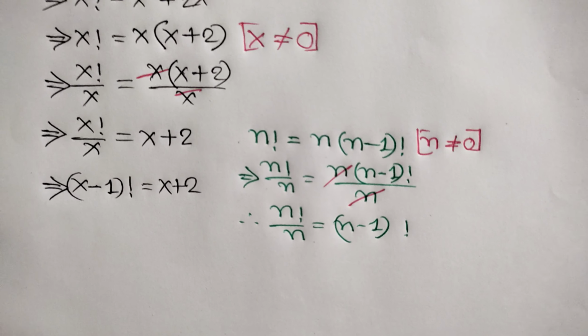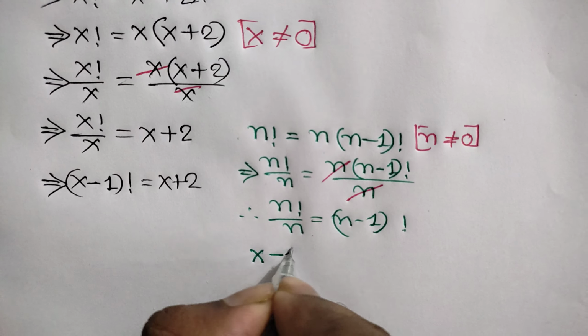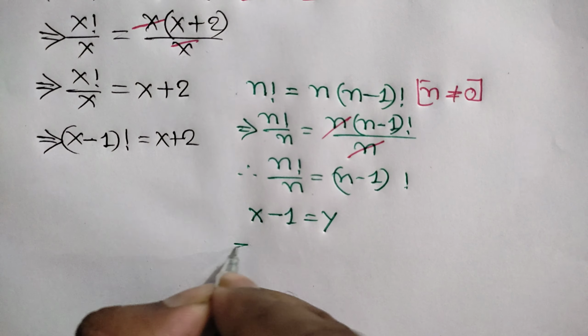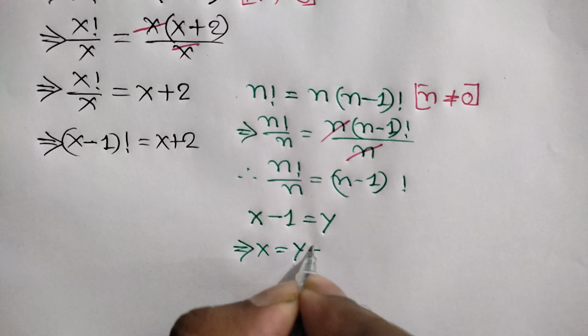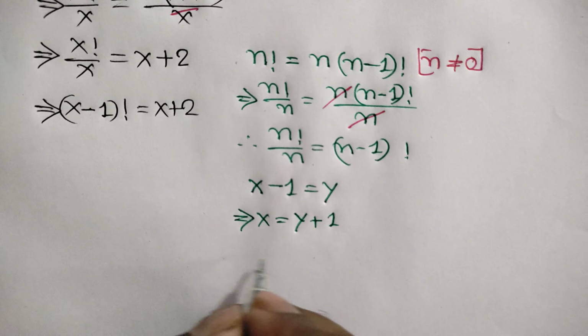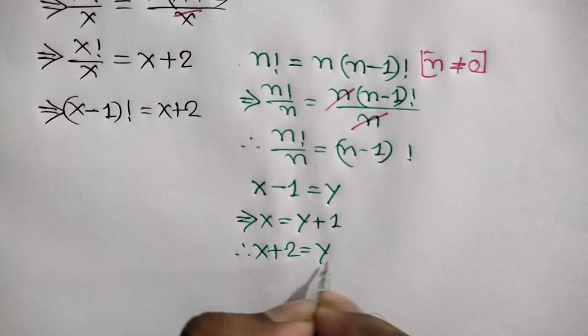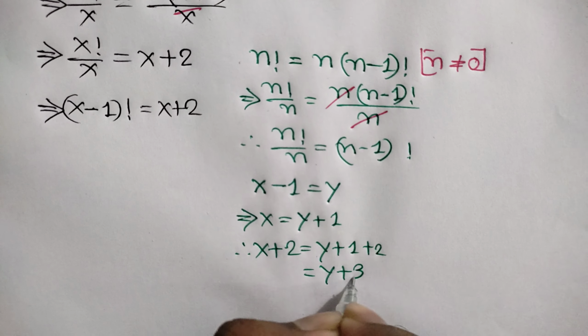Now let x minus 1 is equal to y, or x is equal to, taking this negative 1 to the right side, y plus 1. So x plus 2 is equal to y plus 1 plus 2, that means y plus 3.